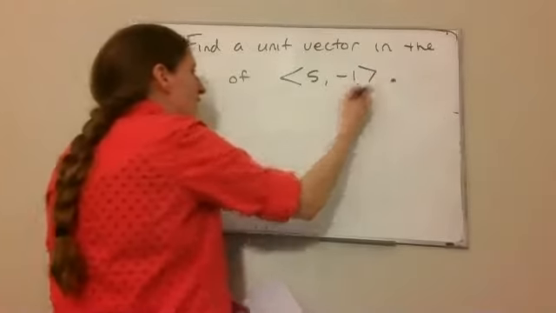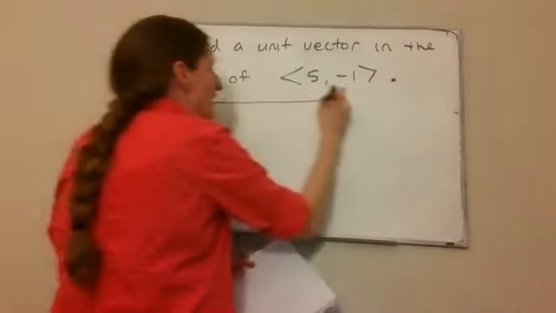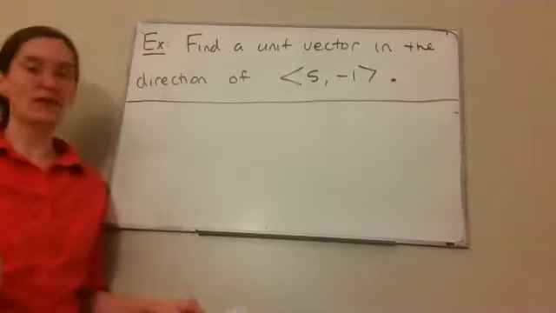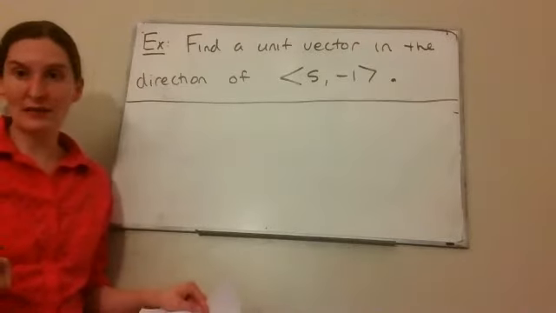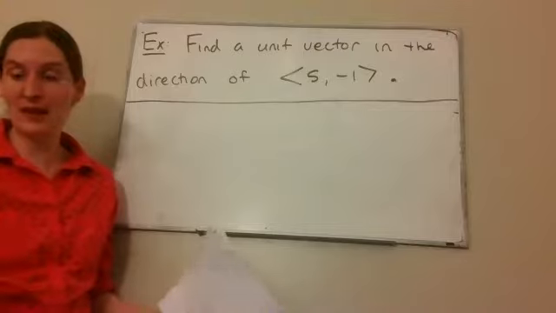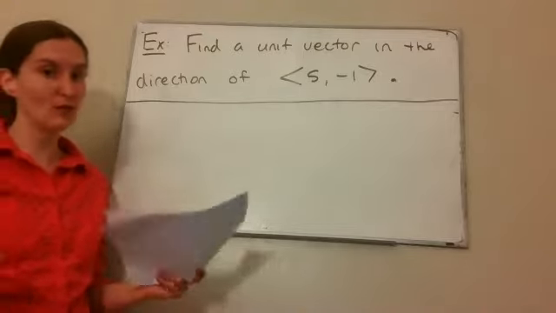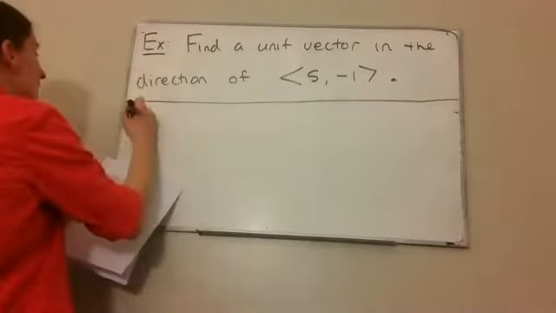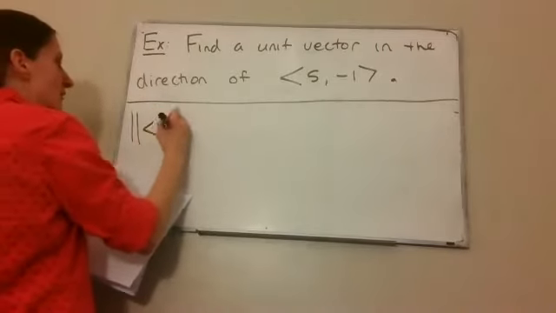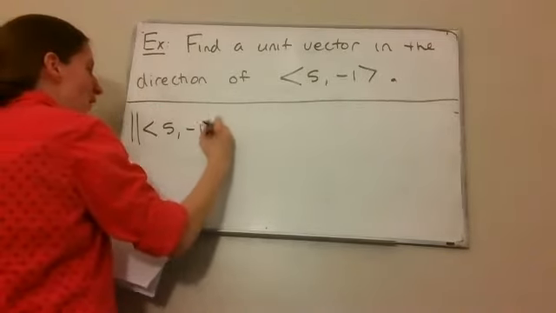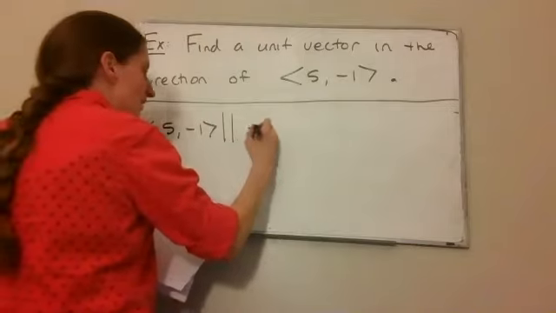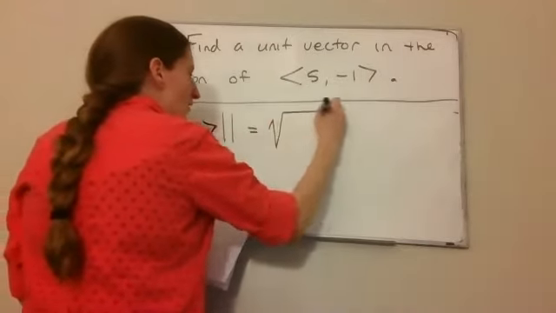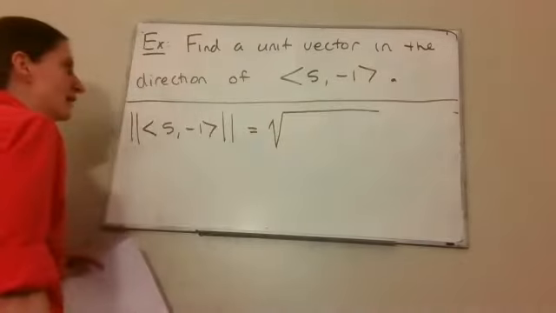Well, to find a unit vector in that direction, I need to find the magnitude of that vector. Once I have the magnitude, I can just divide the components by that magnitude, and I'll have my unit vector. So the magnitude of vector 5, -1, I can get using my distance formula in a way.